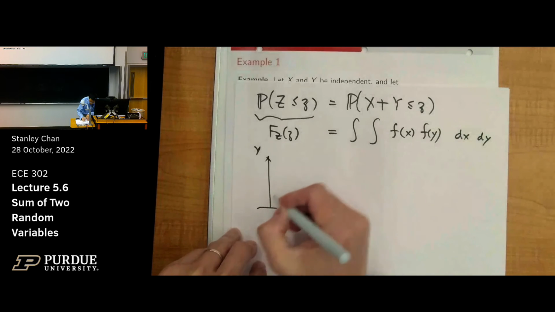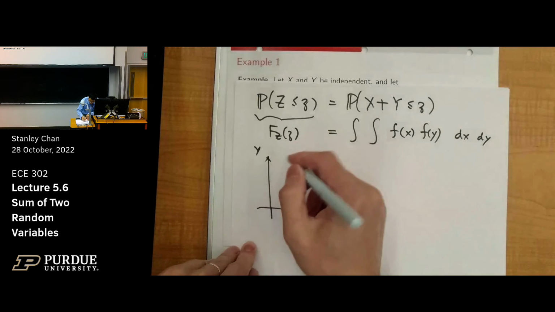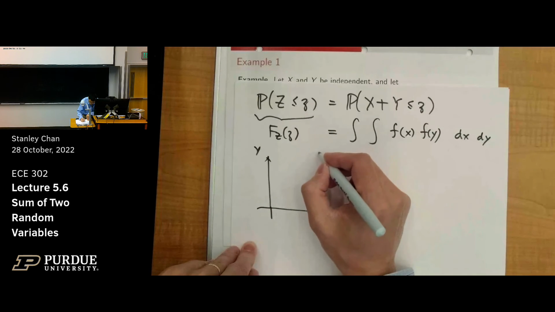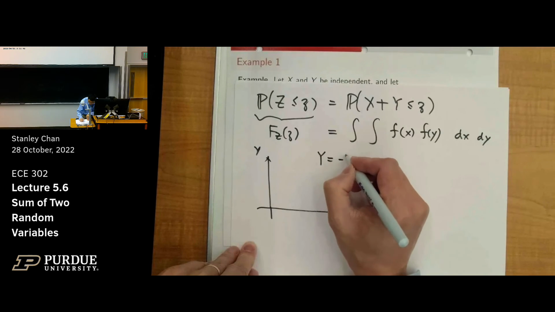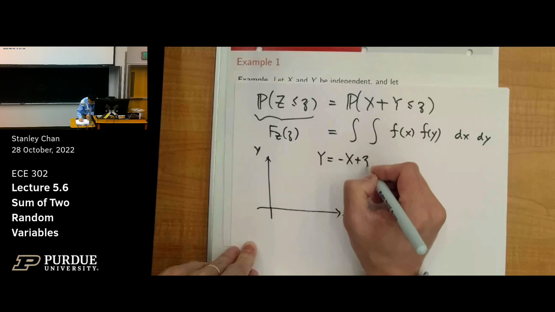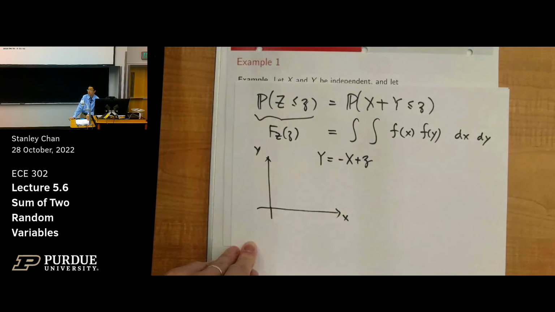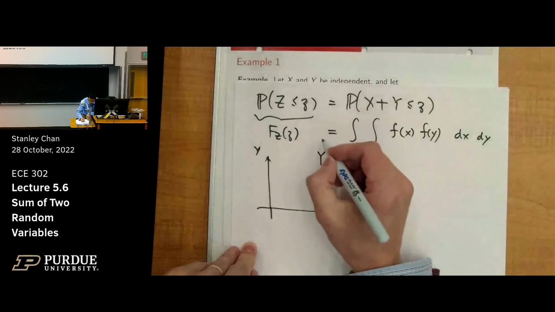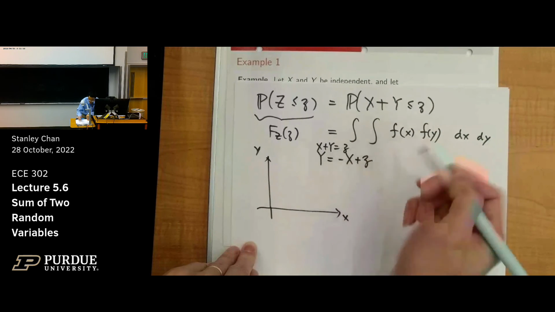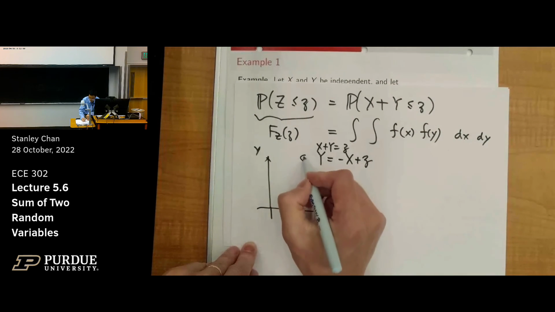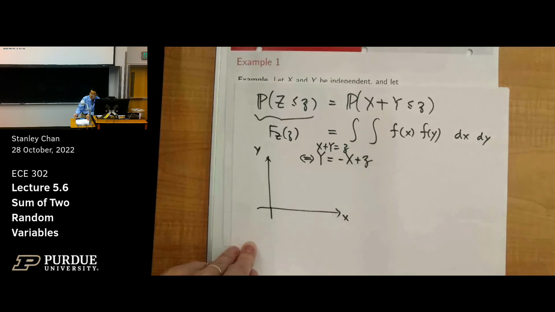And so I should start with a 2D plot, and the equation would be y equals minus x plus z, right? Because X plus Y equals z is equivalent to y equals minus x plus z.